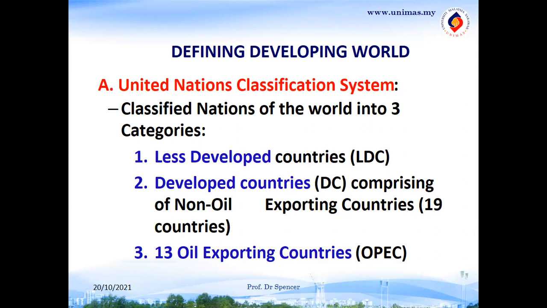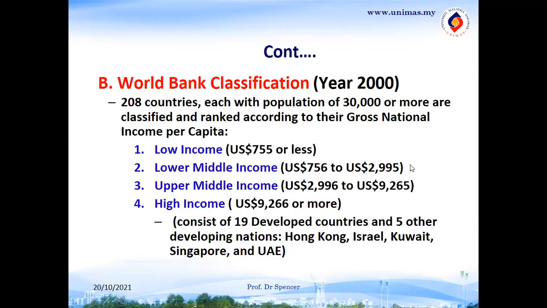The second one is the developed countries, or DC, and comprising also of non-oil exporting countries. Altogether 19 countries. Then the third group is the OPEC countries, the oil exporting countries, 13 countries altogether. Okay, that's how the United Nations classification system is.